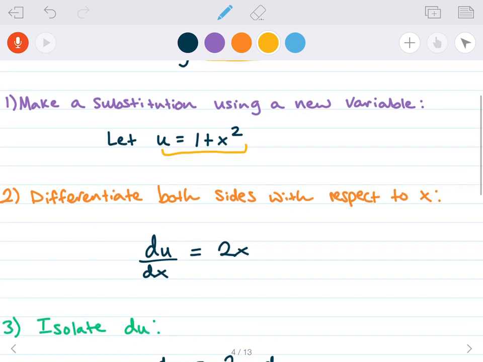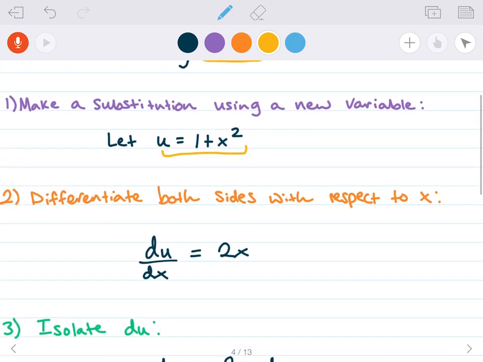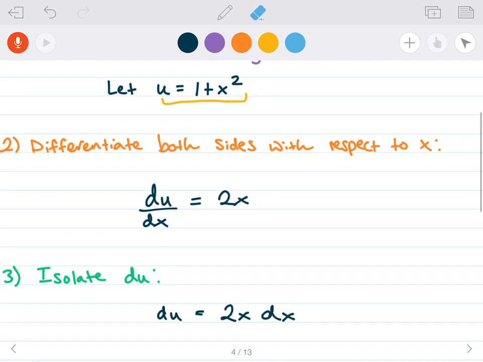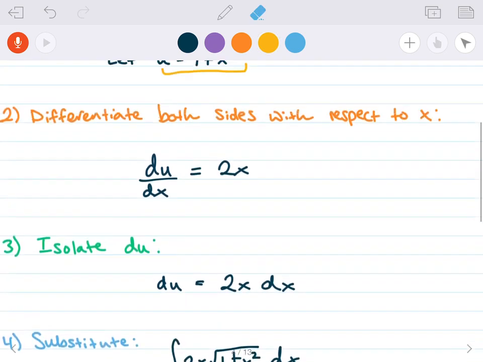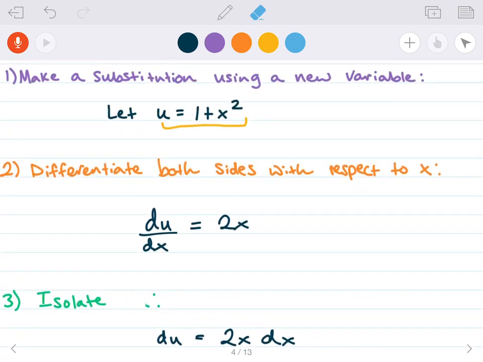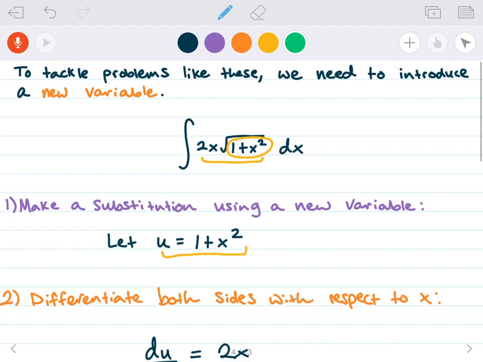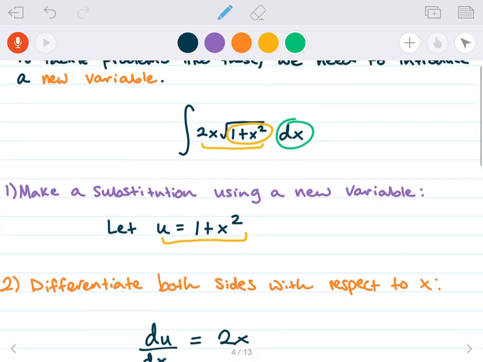All right. Then what I'm going to do is figure out, and this should actually say, isolate dx. So we want to see what dx is equal to, because the idea is that we want to get this integral in terms of u, and we want to integrate with respect to u.